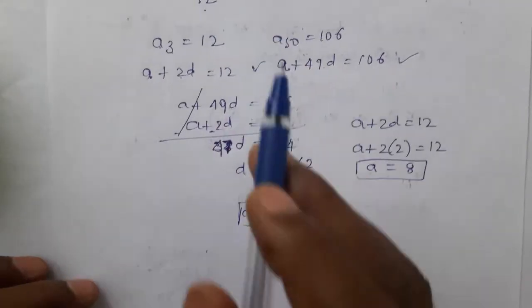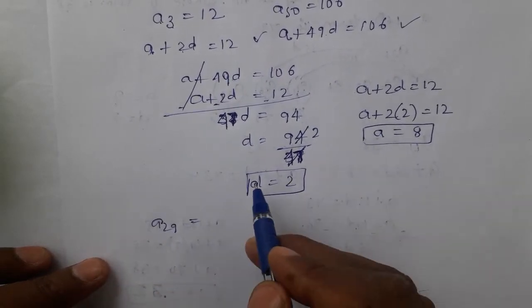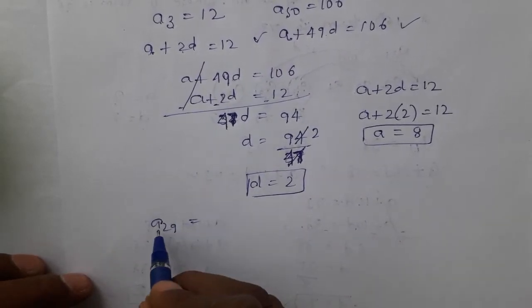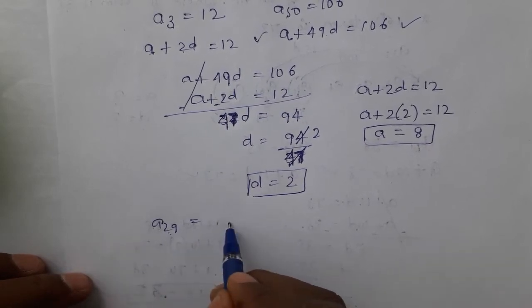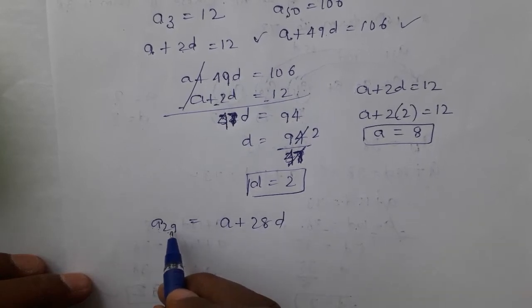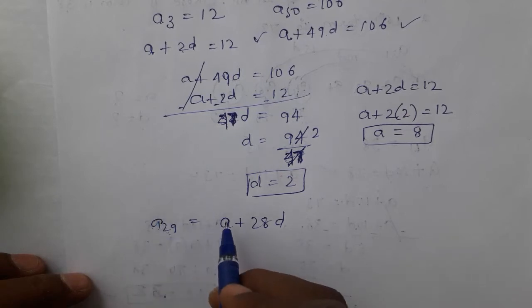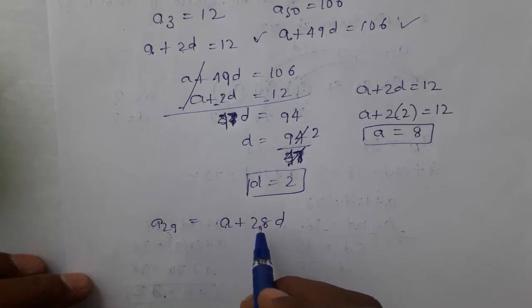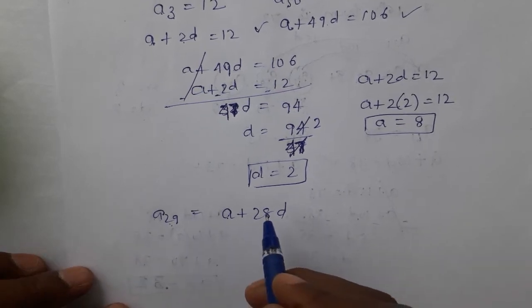So the question is the 29th term they asked. A 29th, it is also simple. A and D we know, no. A 29, how to expand A 29? 29 is expanded as A plus 28D, because the 29th term always comes 28 differences after the first. So who is sitting first? After him, 28 differences after, the 29th term comes.